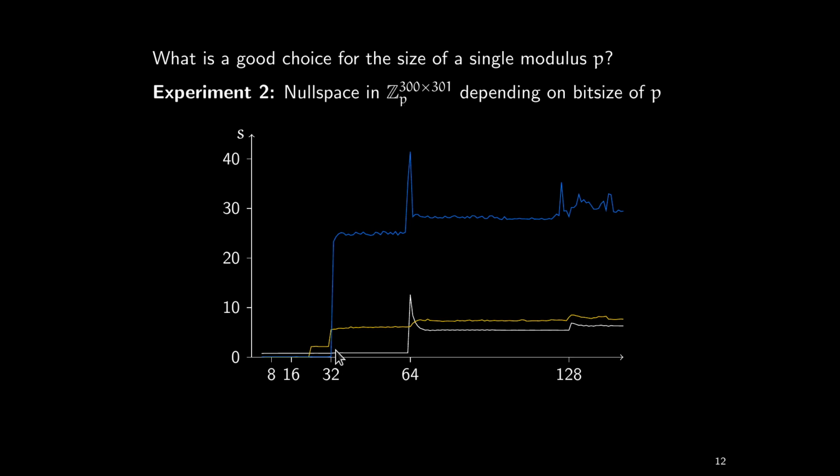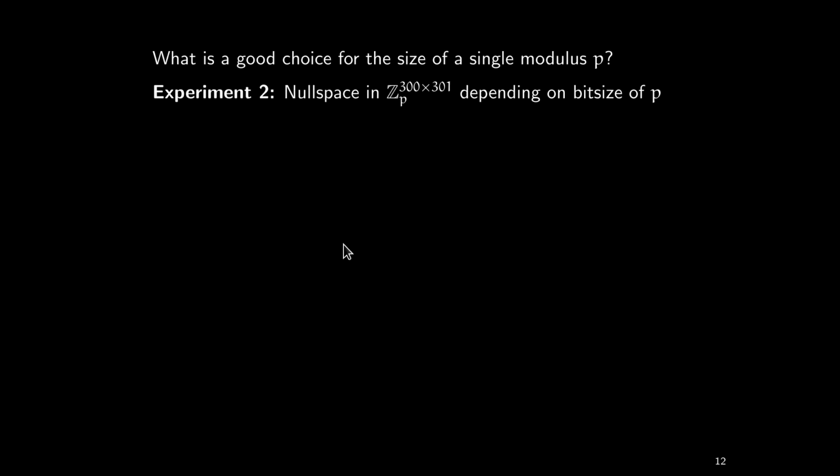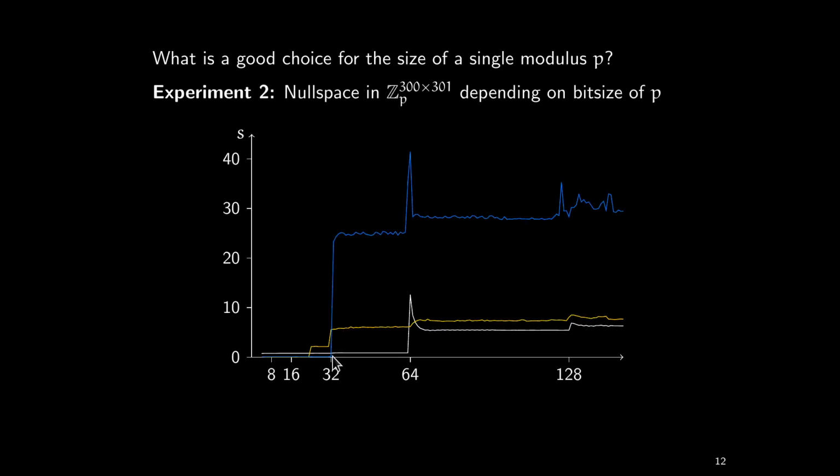And here you see the effect that I wanted to show you. Here is the bit size in this direction, and here's the computation time. And you see that there's almost no computation time needed up to a certain point. And where this point is depends a bit on the software. So blue, I forgot what blue is. Blue is Maple.